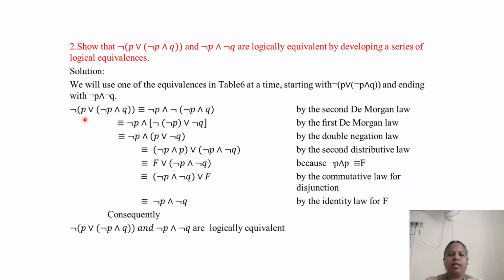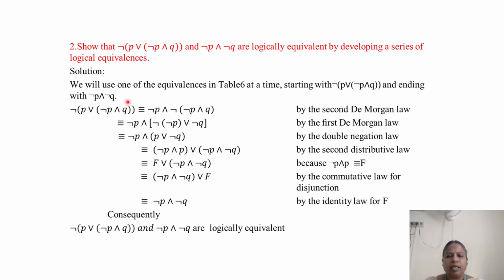Now we take the left hand side, negation of P or negation of P and Q. This is equivalent to, we use the De Morgan law for this negation. We have to take it inside the bracket by De Morgan's law. So we apply negation to P, so negation P. This OR becomes AND.